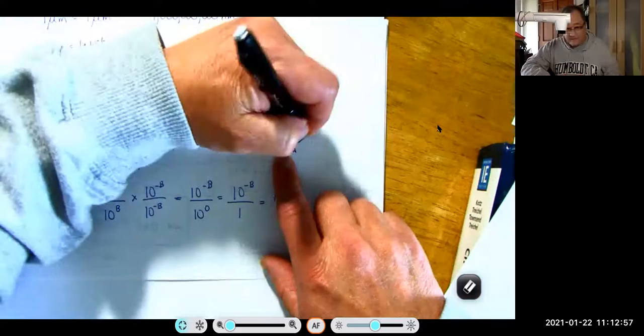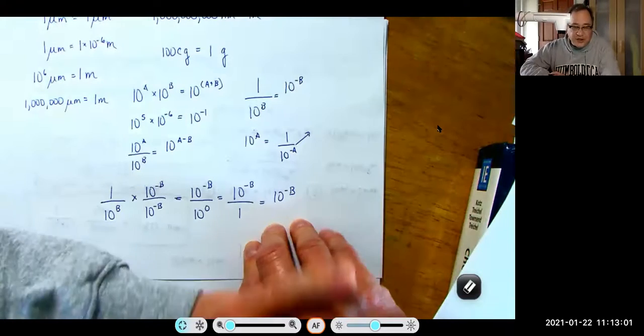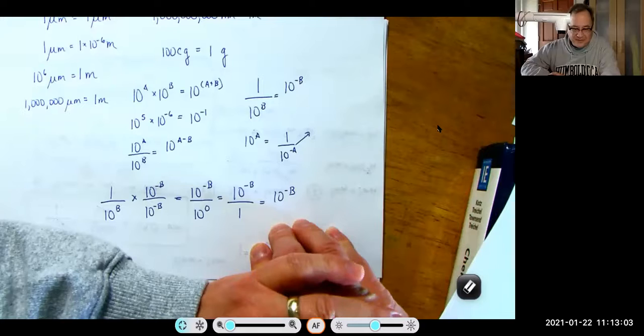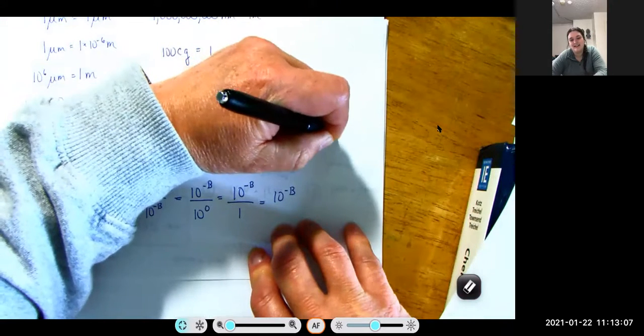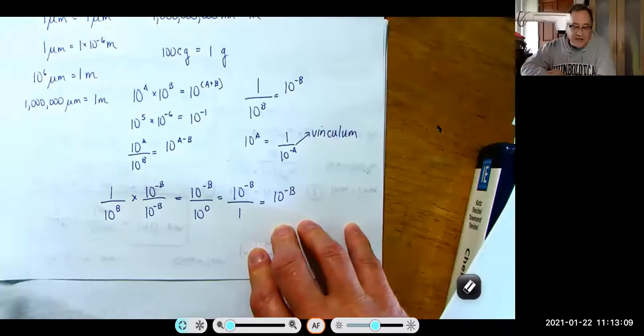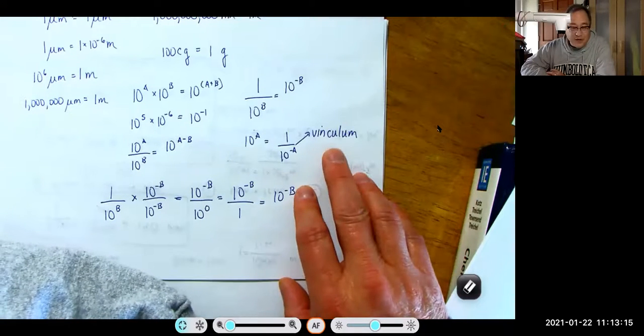Do you know what this line is called? I ask math teachers this all the time, and they don't know the answer. I used to know. At some point I did. It's called the vinculum. Now, that probably doesn't sound familiar to you because no one knows that.